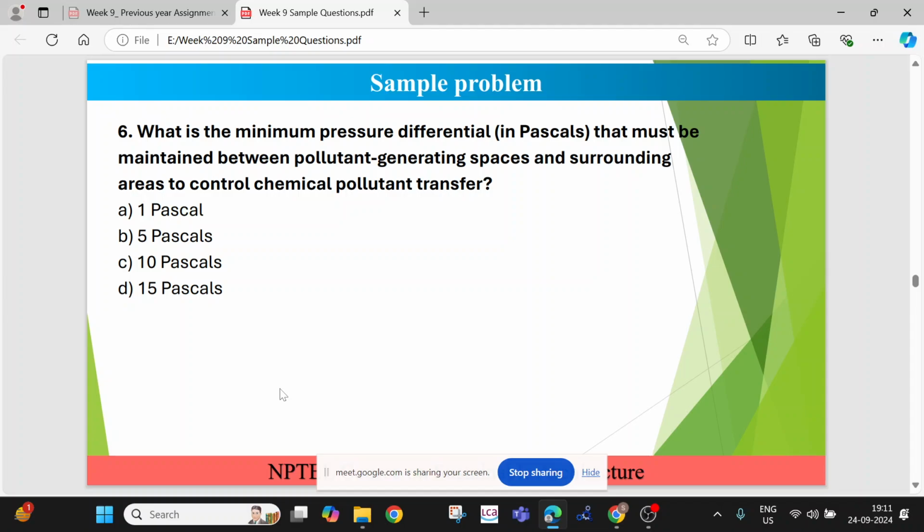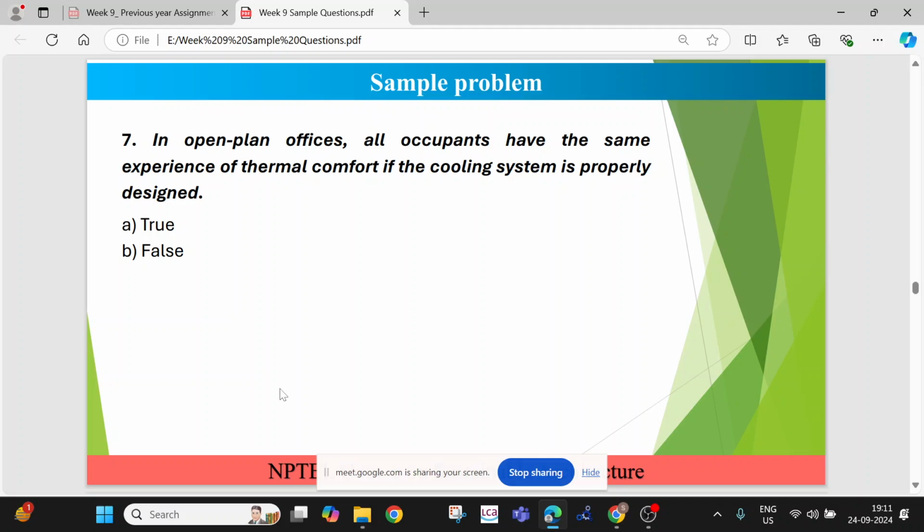Yes, sir. Okay. So here's the seventh question. In openable plan offices, all occupants have the same experience of thermal comfort if the cooling system is properly designed.